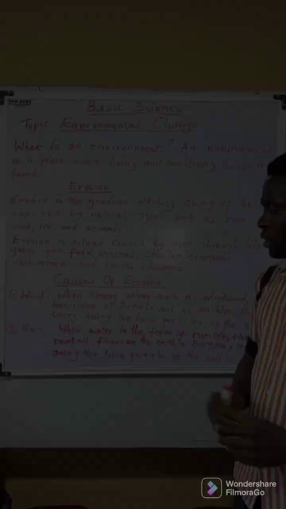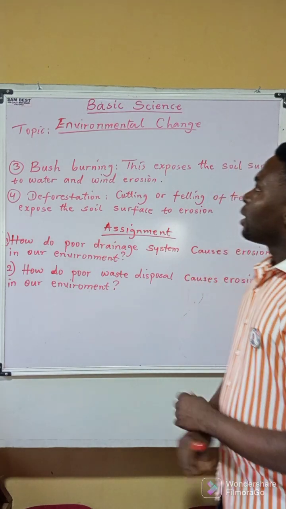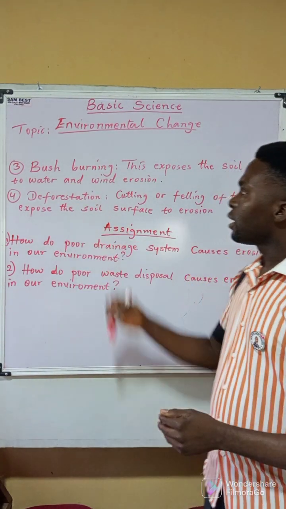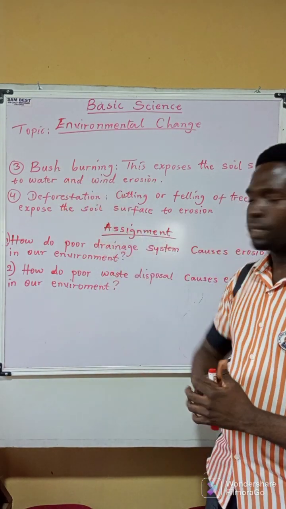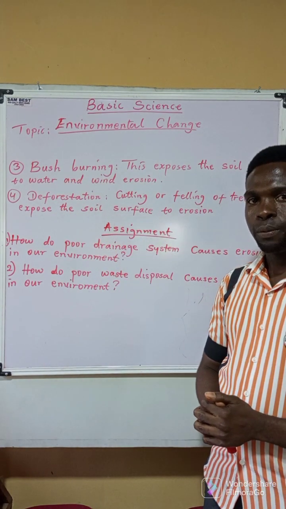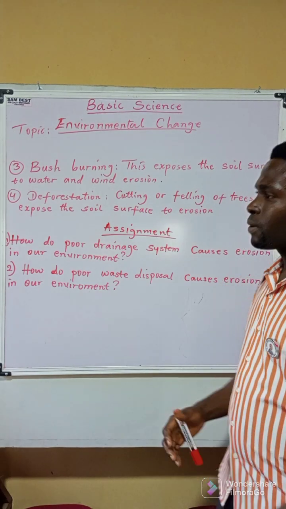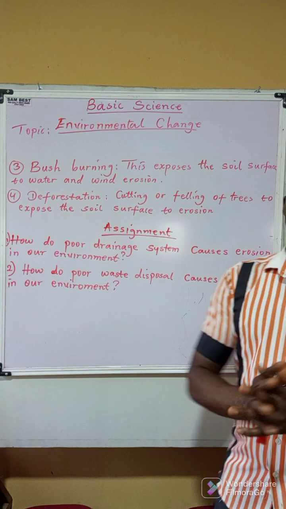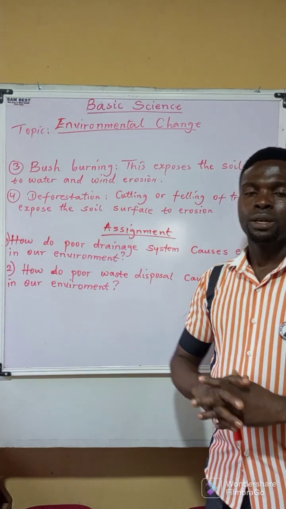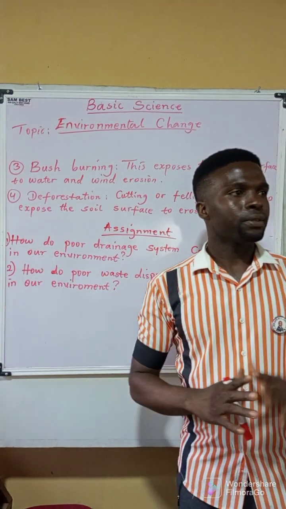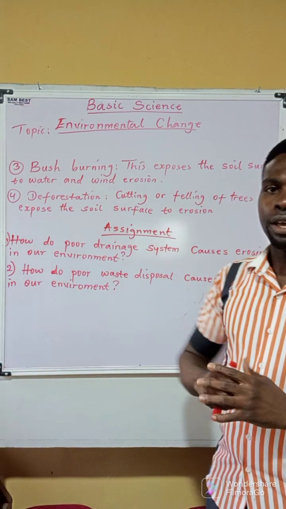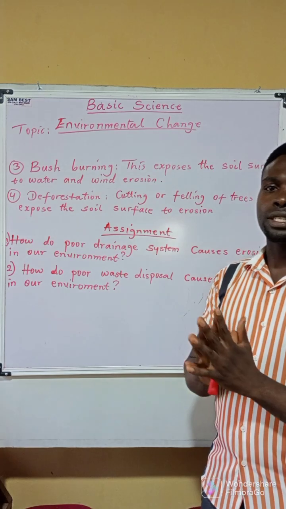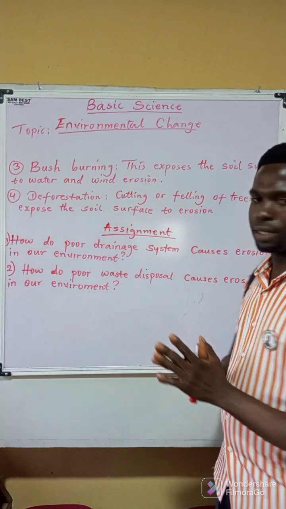Is that clear? Now, the number three cause of erosion is bush burning. Say it. Bush burning. Now, how does this cause erosion? When we clear our farmlands, instead of keeping the leaves or the grasses like that, we decided to burn the grasses.